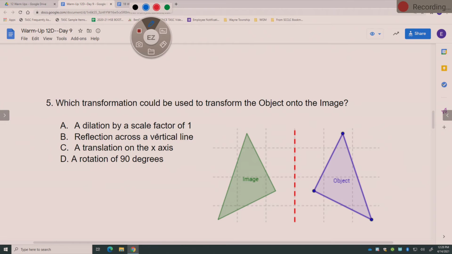This next one's a transformation. Remember, transformations, we have rotations that are those 90-degree turns. We have reflections, which are like if we had the mirror image and we would flip it.